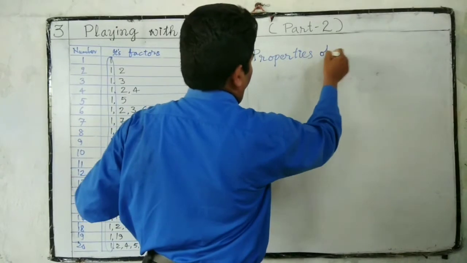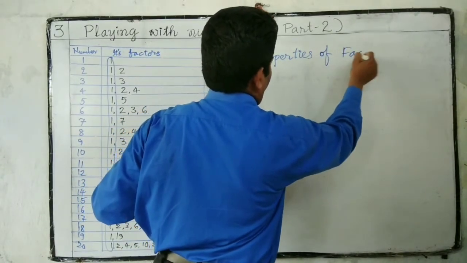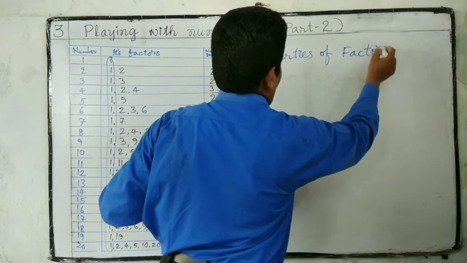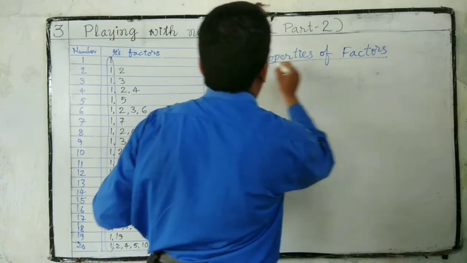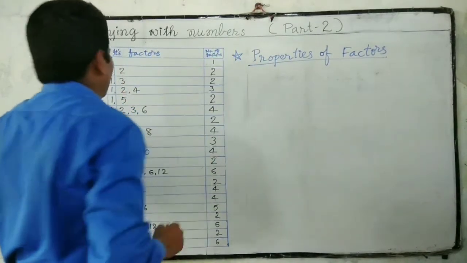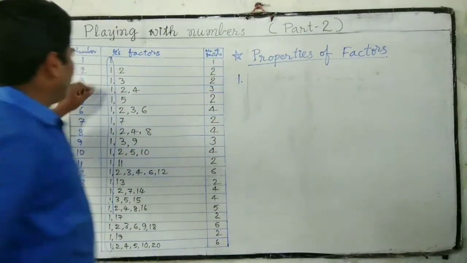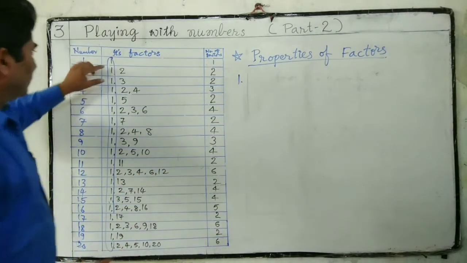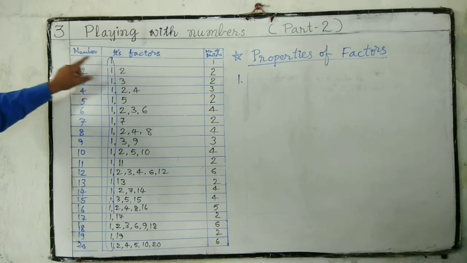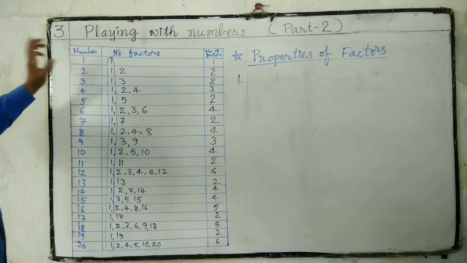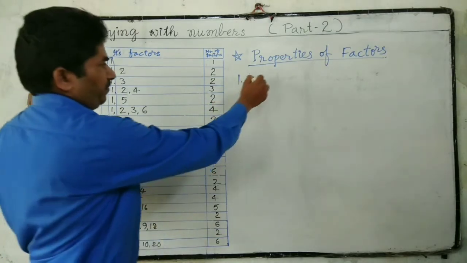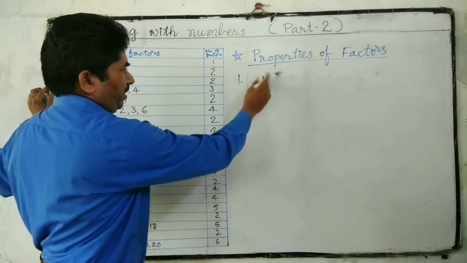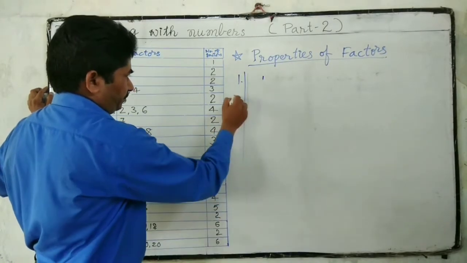This is the smallest factor of these numbers. 1 is a factor of every number and it is the smallest factor.